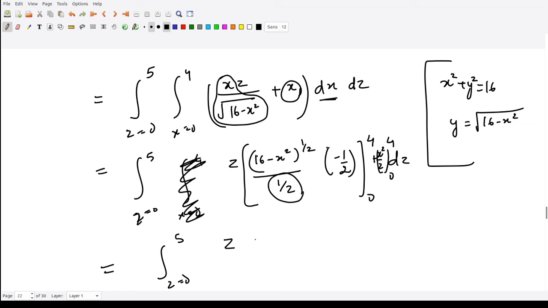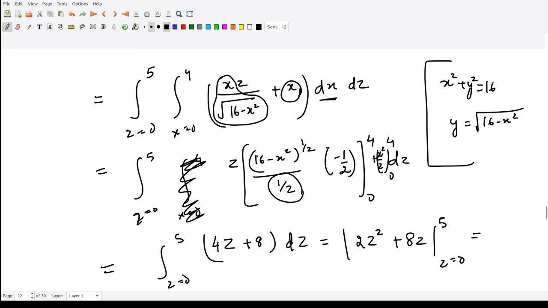So after performing integration and after substituting the limits, finally we will have 4z plus 8 here after solving all these things. So when you perform the integration here, it would be 2z square plus 8z, and you are to substitute the limits of z from 0 to 5. So when you substitute these limits, your final answer comes out to be 90. So this is your answer.